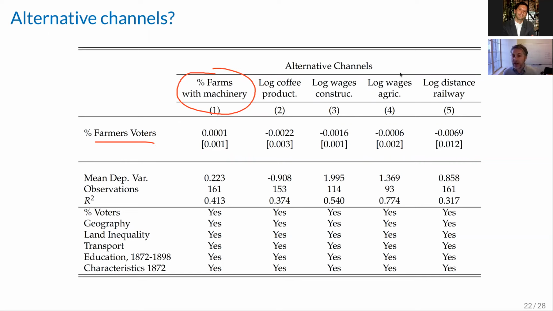We don't find an effect with wages. It's not that there is an endogenous entry of infrastructure based on that. This is coffee productivity. He is just trying to pick up whether there is any association with agricultural productivity. So it doesn't seem that some of these alternative channels that are there in the literature are the ones that explain why you have more or less investment in education and why you're going to see that persistence over time.